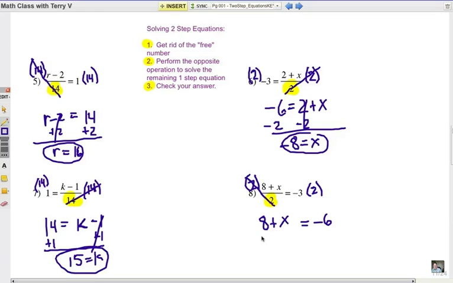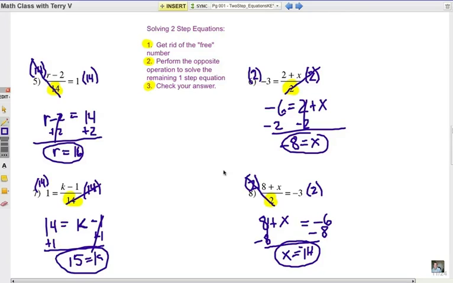How do you get rid of the 8 there? Subtract. Yep. So finishing this two-step equation here, x would have to be -14. All right, so 8 plus -14 would be -6. -6 divided by 2 is -3.